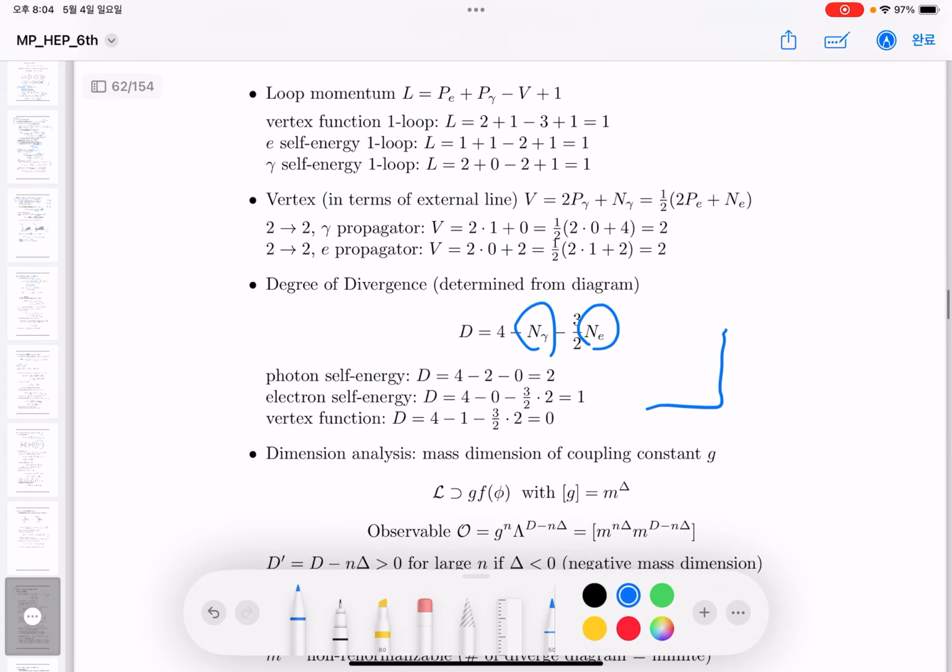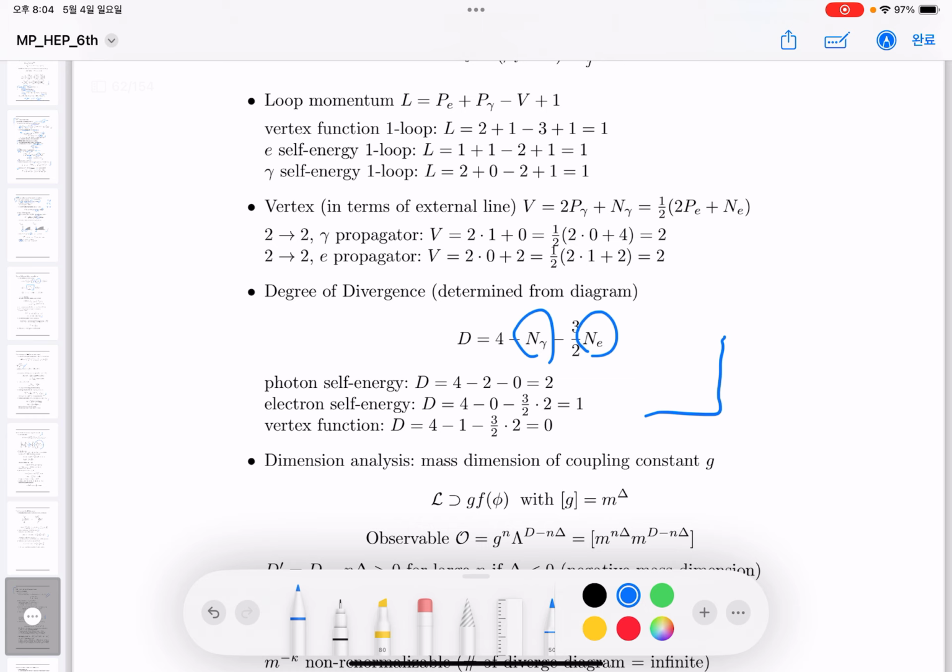So for example, in the photon self-energy, electron self-energy and vertex function, which we discussed at the QED loop level, we can calculate the degrees of divergence.